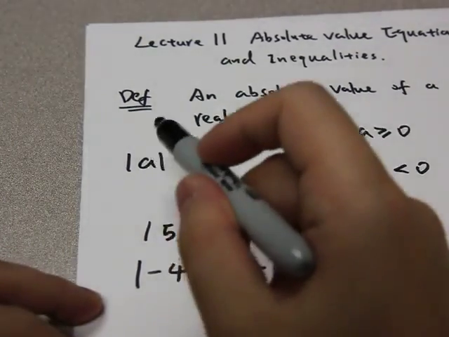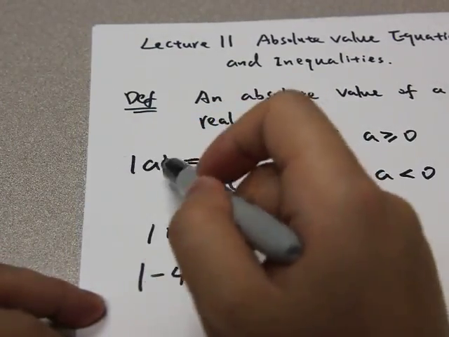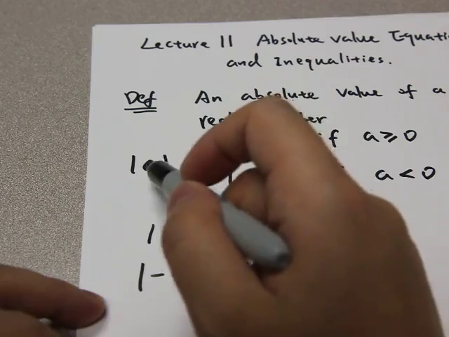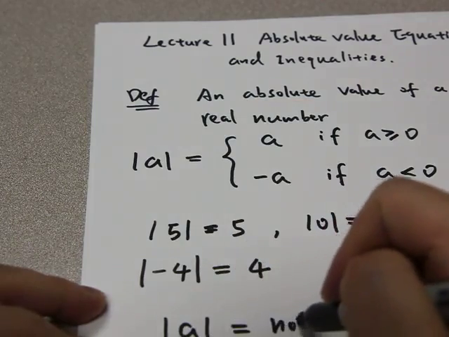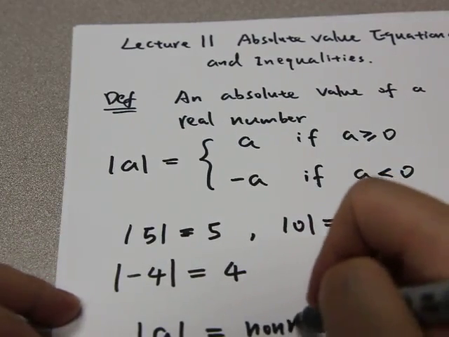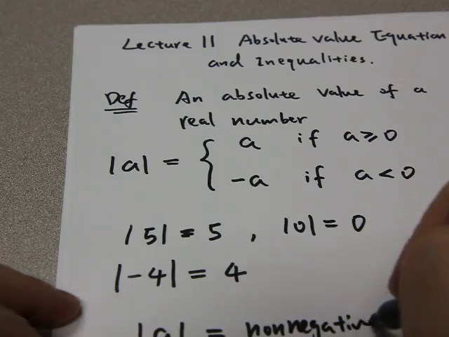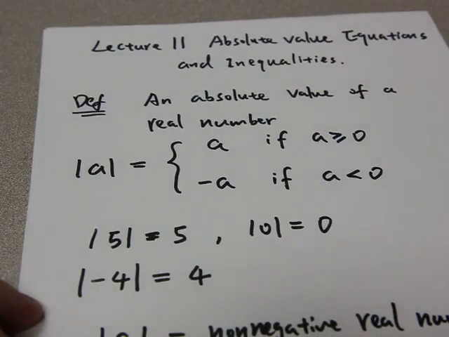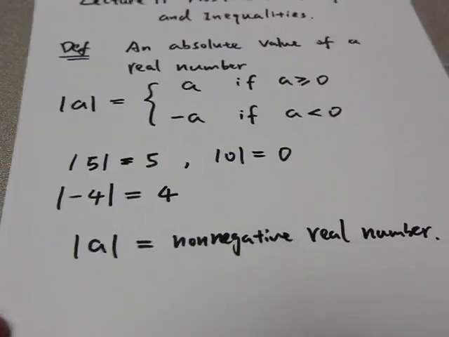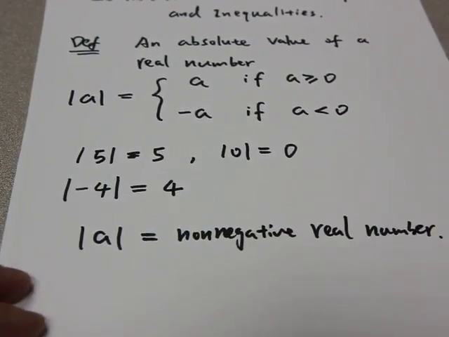So after we apply the absolute value to any number, the result is always going to be a non-negative real number.